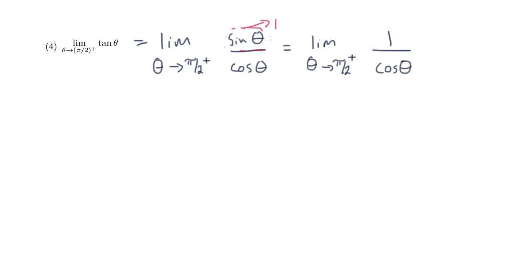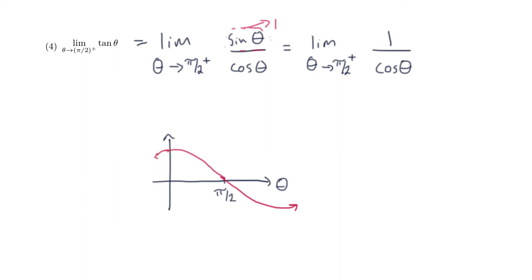So let's actually just sketch cosine really quick. So recall, here's theta. Here will be pi over 2. Cosine is going to start up here and dive bomb through pi over 2 and then continue off that way.